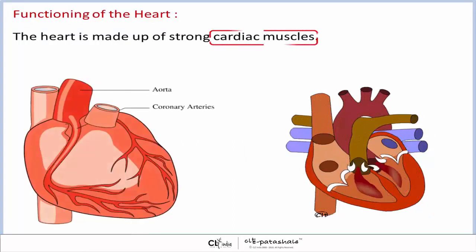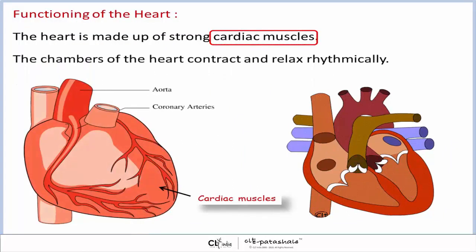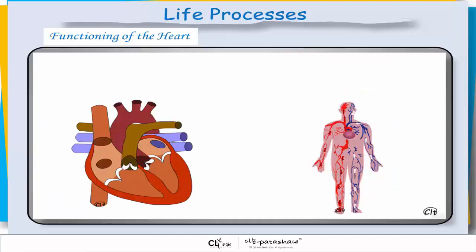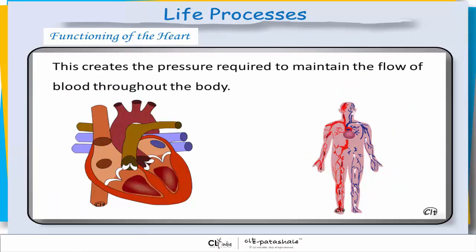The heart is made up of strong cardiac muscles. The chambers of the heart contract and relax rhythmically. This creates the pressure required to maintain the flow of blood throughout the body.